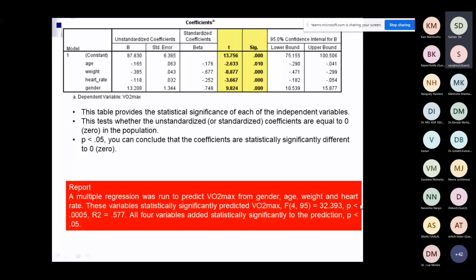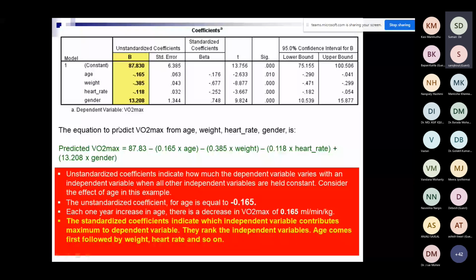The R square value you can spell out. All four variables added significantly to the prediction, P less than 0.05. And you can also give the equation. So multiple regression very easily can be exhibited in a research paper.